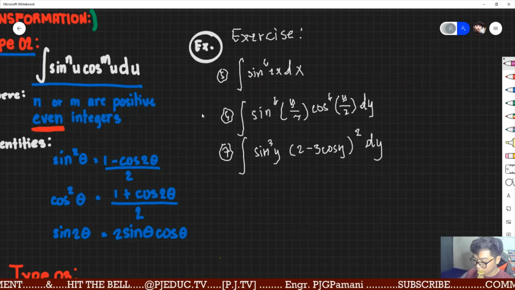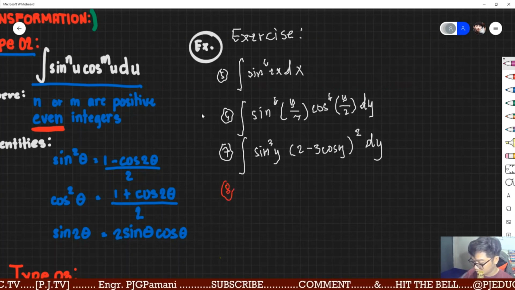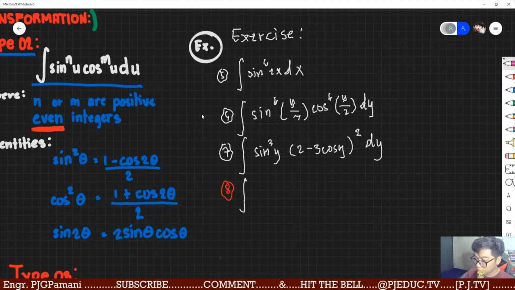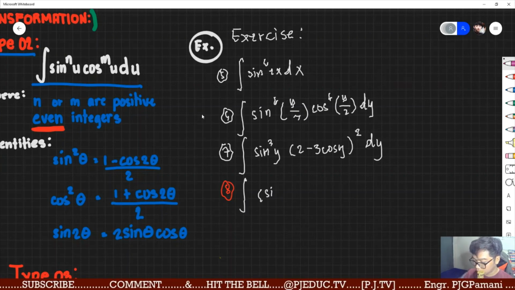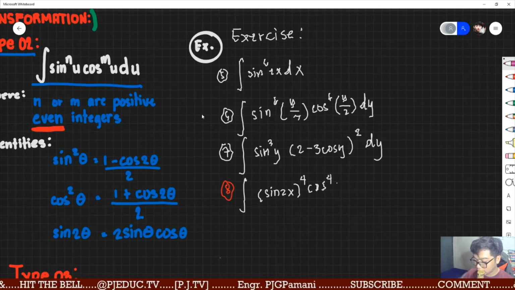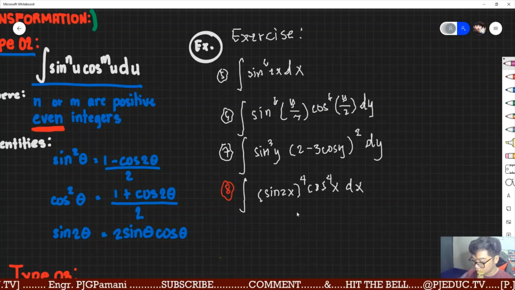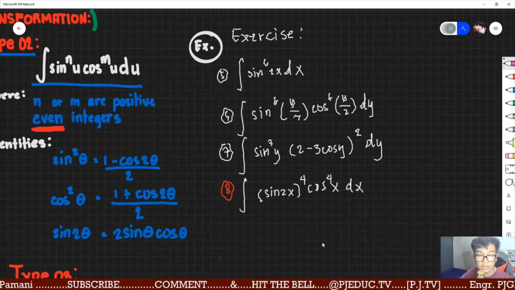Kulang ng isang problem. Kalimutan ko. Number 8. Last one. Try to solve sine 2x raised to the 4th times cosine 4x dx. Try to solve that on your own.